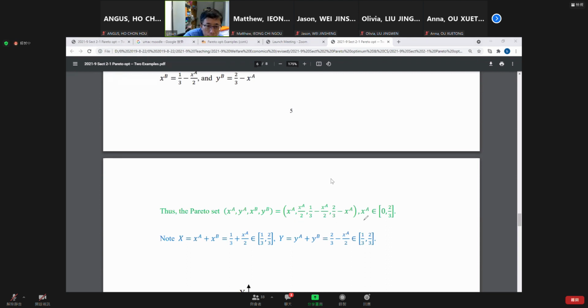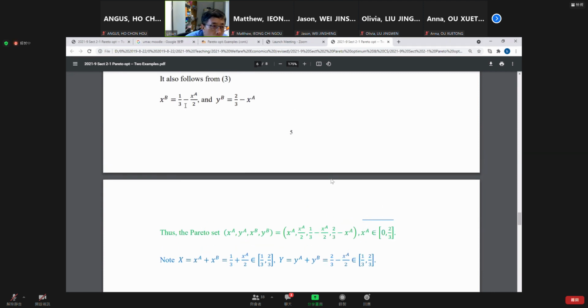So XA could be any number taken from this range. For any possible value of such XA, YA equals half XA, and XB equals this one.